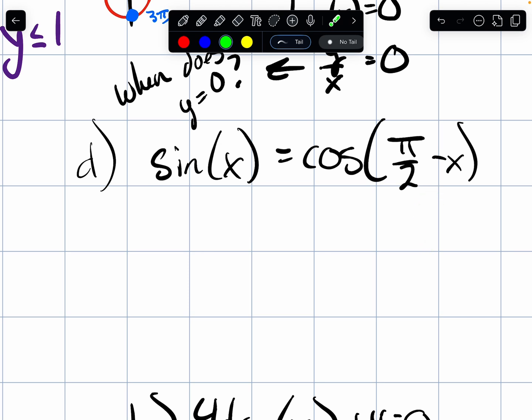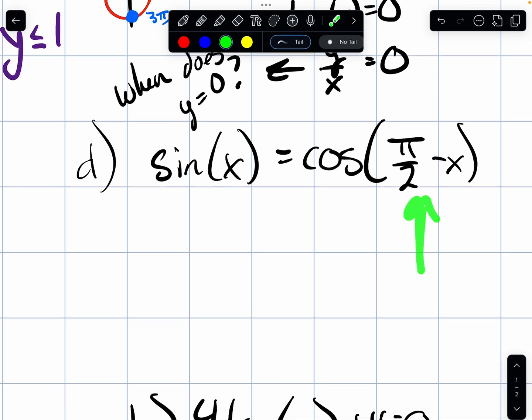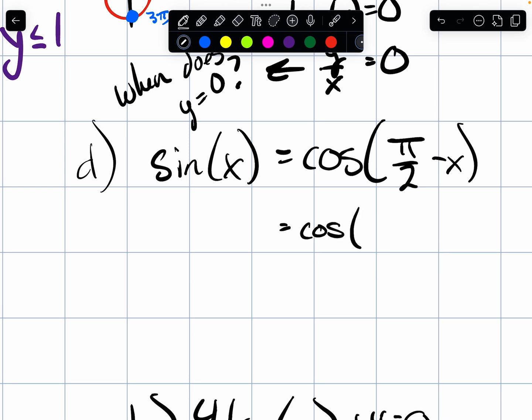So that's immediately where my brain went with this. And I know, if I shift over sine or cosine pi over 2, or a quarter of the way around the unit circle, they're going to land on top of each other. So that's what made me think about this. So I wanted to write it as cosine of x over 2.